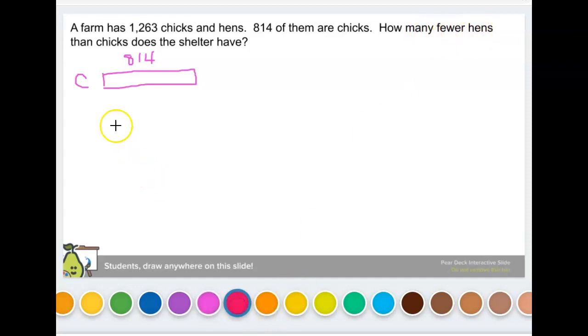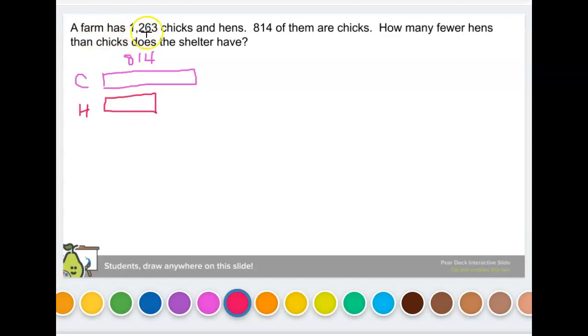So let's draw some hens, but if there's fewer, that bar is going to be smaller. It doesn't tell us how many hens we have, so we don't know.